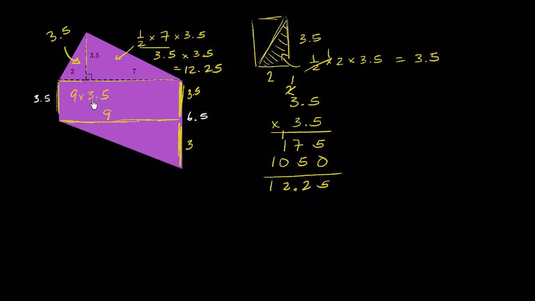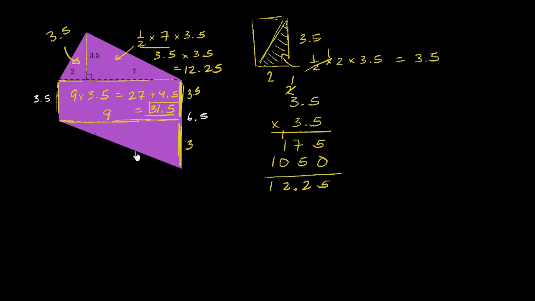And one way you could do it, we could even try to do this in our head. This is going to be 9 times 3 plus 9 times 0.5. So 9 times 3 is 27. 9 times 0.5, that's just half of 9, so it's going to be 4.5. 27 plus 4 would get us to 31, so that's going to be equal to 31.5. Or you could multiply it out like this if you like, but the area of this region is 31.5.